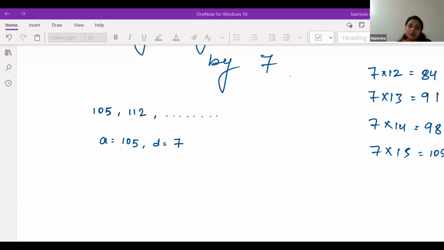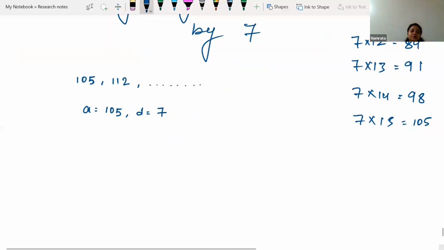That too we don't know. Is it possible to find the last term with this formula?